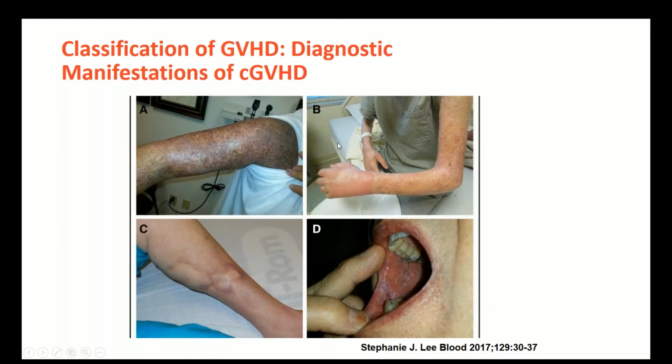You can have sclerotic manifestations that you can see here in B and C, where you're going to have tightening and thickening of the skin and subcutaneous tissues, and that could lead to joint contractures and breakdown of the skin. And in D, probably the most common diagnostic manifestation that we see is oral lichen planus. So these white linear streaks that you see here on the buccal mucosa and the lips of this patient.